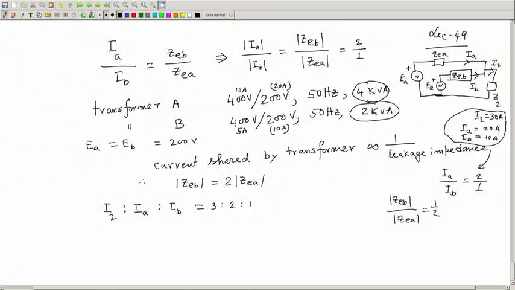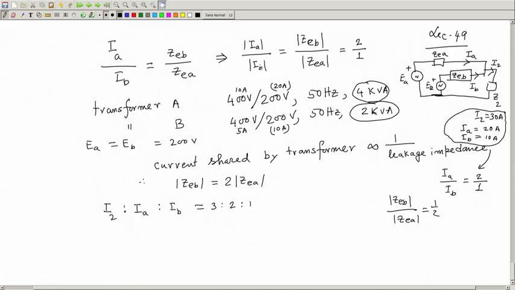The moment you start loading, the transformer which is capable of supplying more current, for a given load current, will always take less current, and the other transformer which is lower kVA will share more current. So, a situation will soon occur where the transformer B having lower kVA will carry rated current, and transformer A has not yet reached rated current. I think you have got the idea. This is very important.